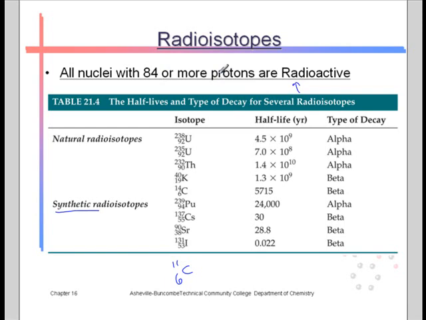It just doesn't happen. Again, I'm not a nuclear chemist, but there seems to be some finite size that the nucleus is still stable at.